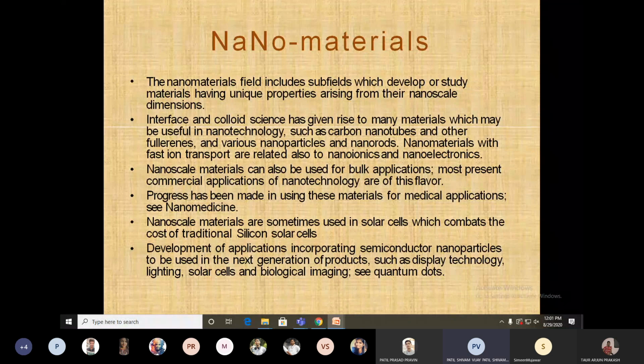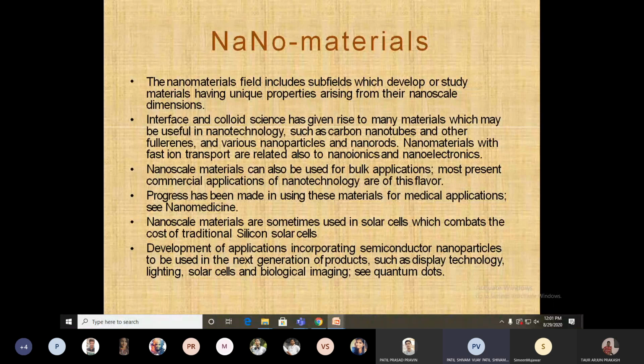Nanomaterials with fast ion transport are related also to nanoionics and nanoelectronics. Nanoscale materials can also be used for bulk applications. Most present commercial applications of nanotechnology are of this flavor.